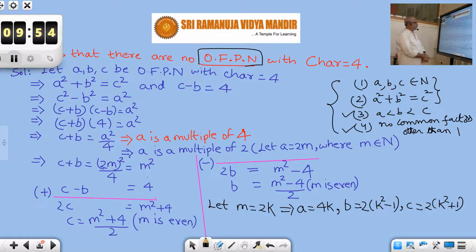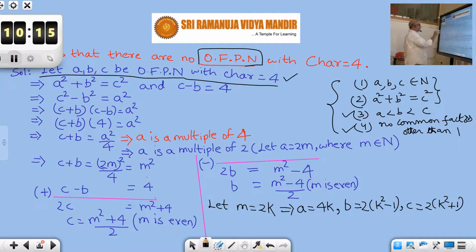So we'll start like this. Let A, B, C be OFPN with characteristic 4. Suppose there are numbers A, B, C with characteristic 4 which are OFPN. Okay, let us assume like that.